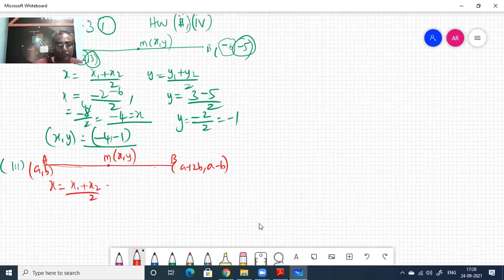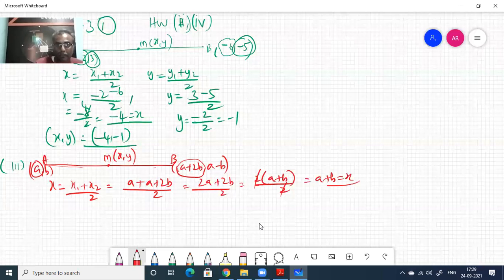That is equal to X1 is A, plus X2 is A plus 2B, divided by 2. Okay, that is equal to 2A plus 2B divided by 2. That is equal to 2 into A plus B divided by 2. Cancel the 2, A plus B. X equal to A plus B.